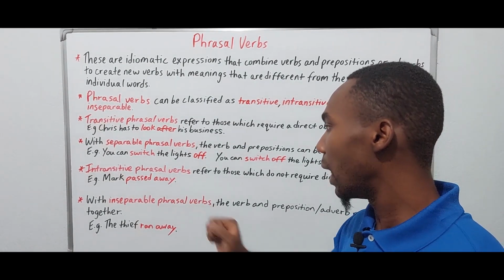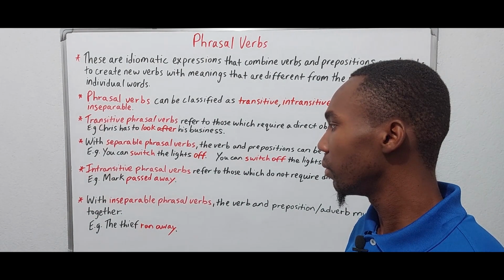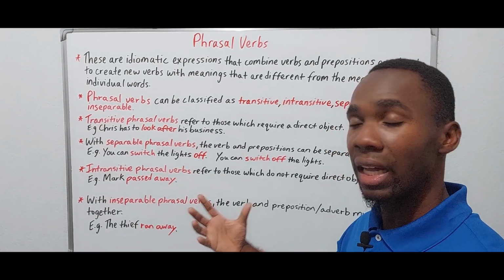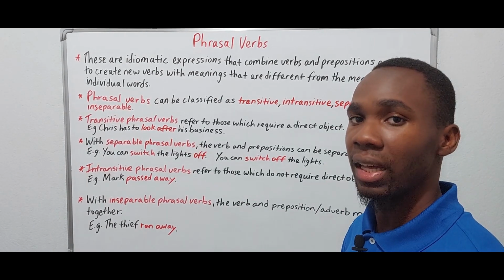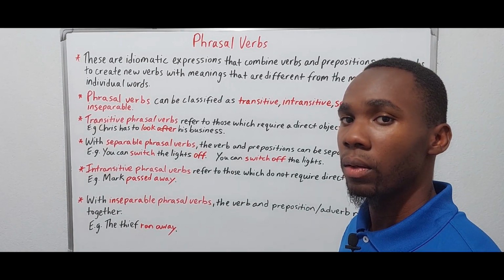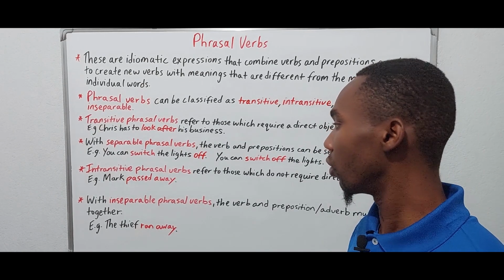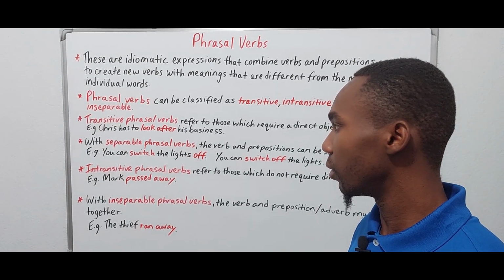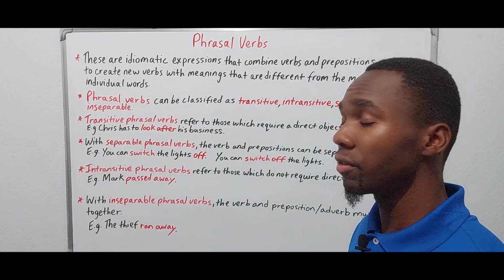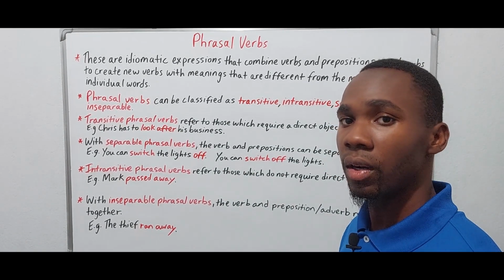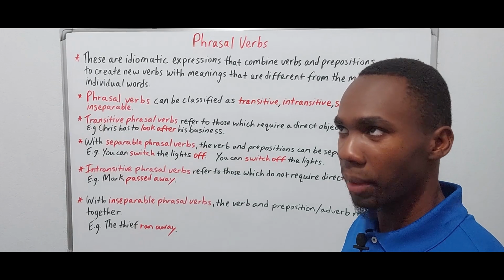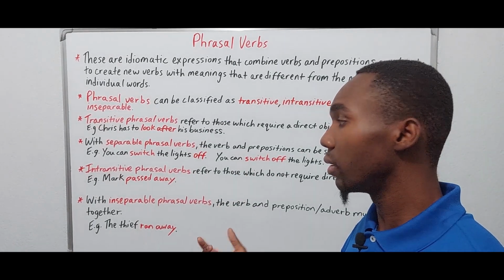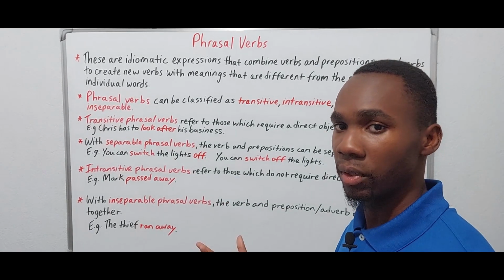So that would be inseparable because ran and away will have to be together no matter what. All right? So those are inseparable phrasal verbs. So transitive phrasal verbs can be separable or inseparable, whereas intransitive phrasal verbs can only be inseparable.